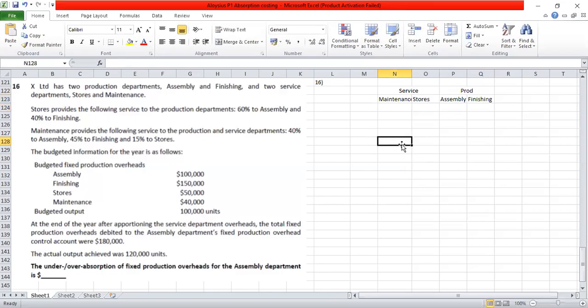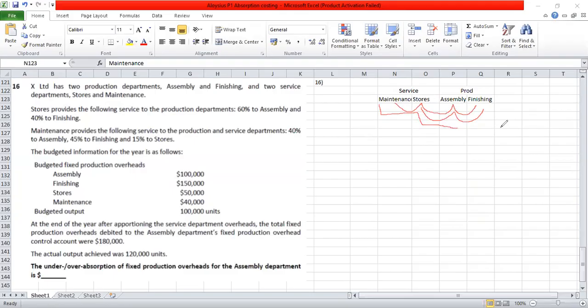Maintenance, stores, assembly, finishing. So first we start with maintenance. Maintenance amount will be taken and charged to, maintenance will go to stores, then it will go to assembly, then to finishing. But stores will happen only to assembly and finishing. So when we look into that, it looks like steps.